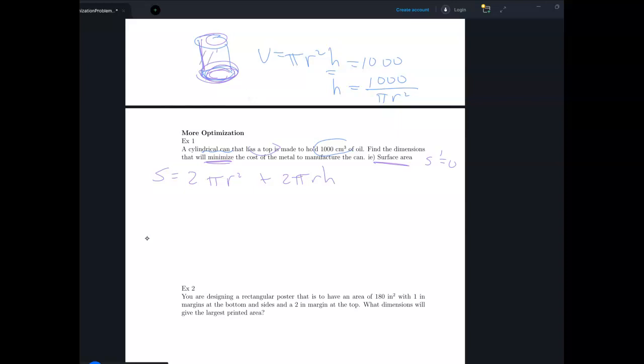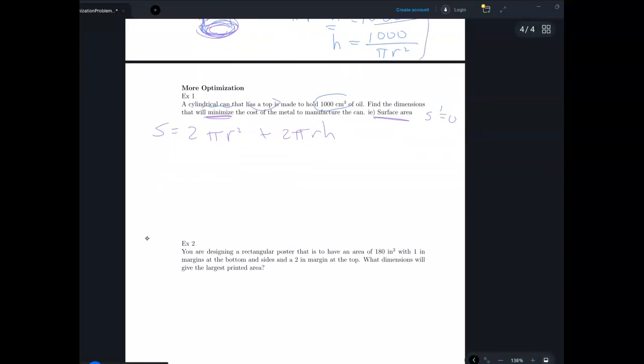So that would give me all of the sides. All right, so now we're going to substitute this in. So I get 2 pi r squared plus 2 pi r times 1,000 divided by pi r squared.